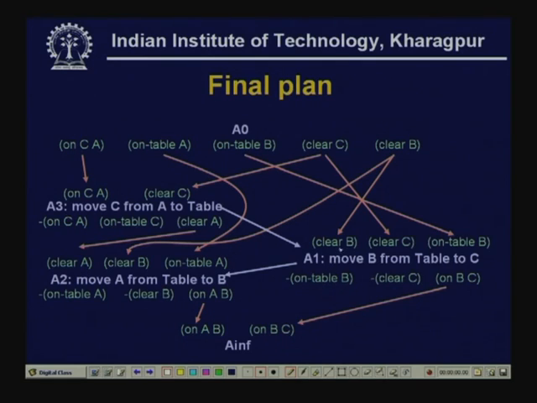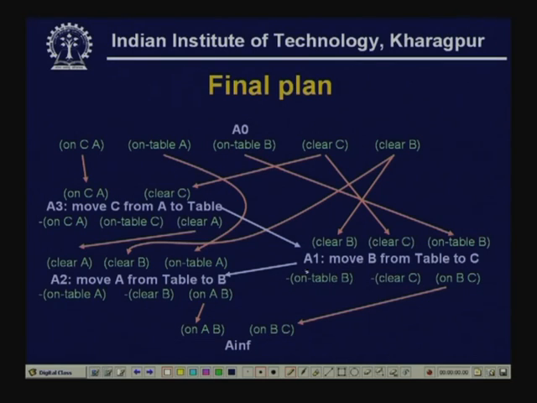For action A1, clear B, clear C, on table B, all are achieved in the initial state. For action A2, clear A is achieved by A3, clear B by the initial state, on table A by the initial state and so on. And we finally find that the ordering relations are A3, then A1, then A2.